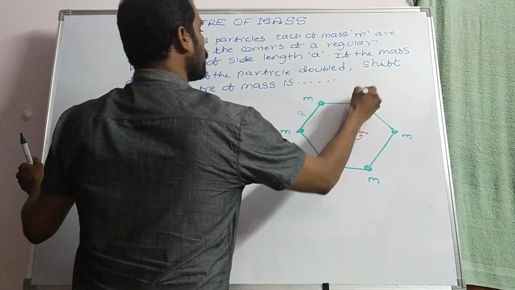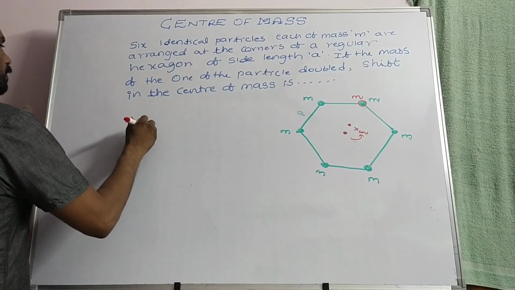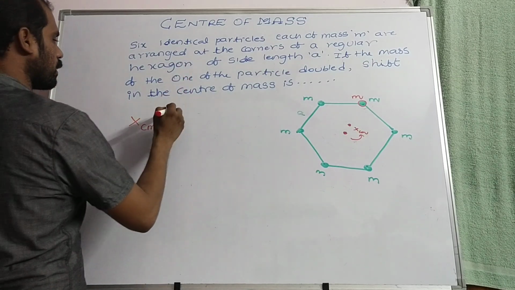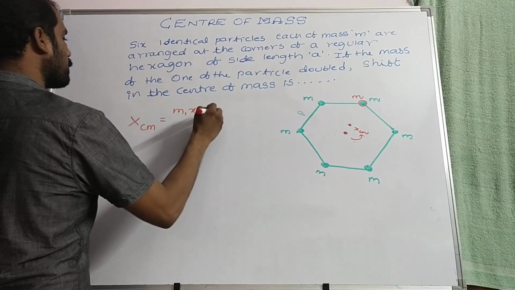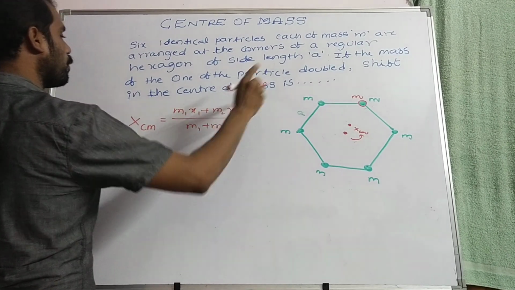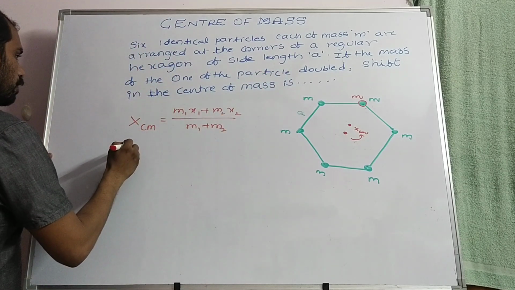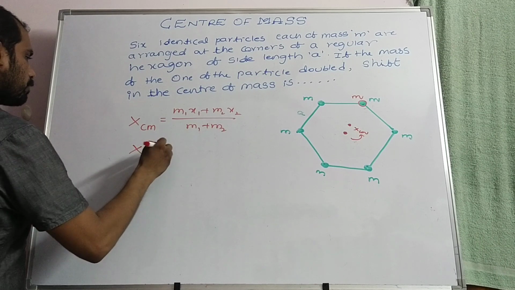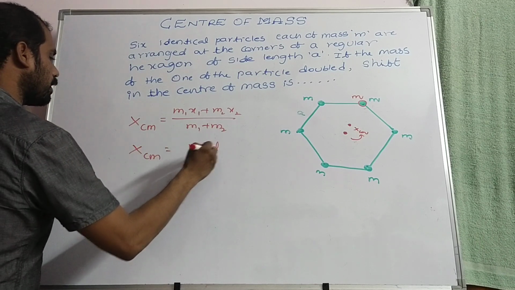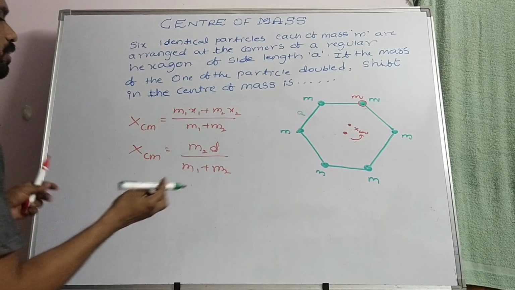In the general sense, XCM is m1 x1 plus m2 x2 by m1 plus m2. As the initial situation is symmetric, we write XCM as equal to m2 d by m1 plus m2.